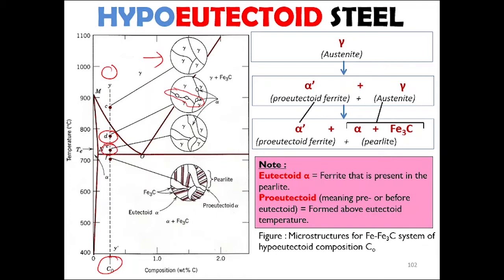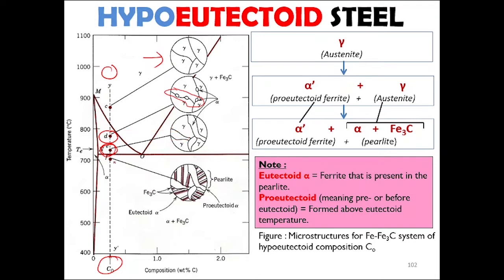Later on, when we further cool it down, the proeutectoid ferrite will become bigger in the grain boundaries of austenite. So please remember, the grain boundaries for hypoeutectoid steel are large because the proeutectoid alpha has become bigger in the grain boundaries.